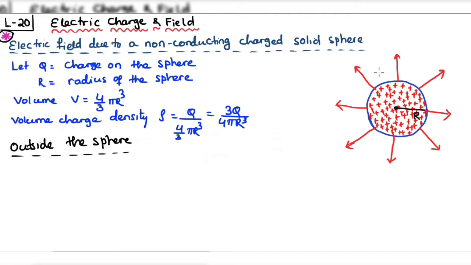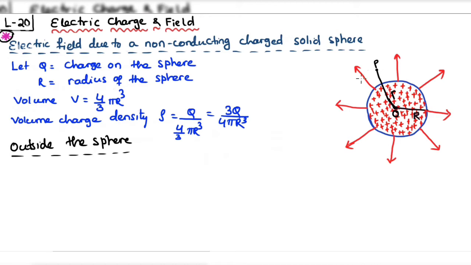Let us choose a point P somewhere here, and this point P lies outside the sphere. The distance of this point P from the center O of the solid sphere is R. So we have to find the expression for electric field at this point.